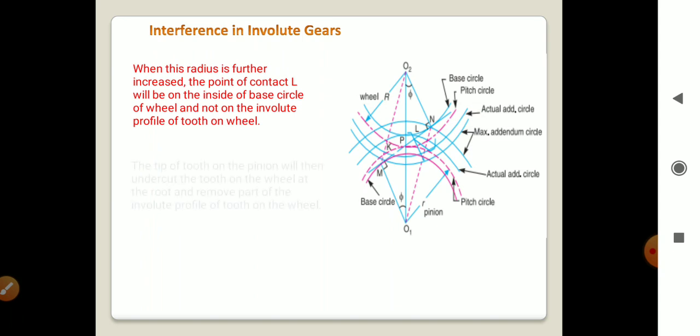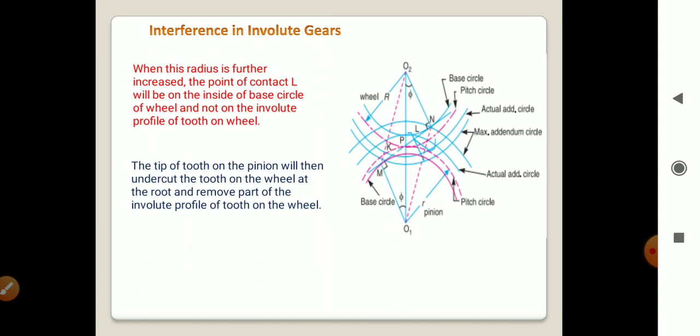That means if L is shifted to N, and further N shifts to the inside, then this point is inside the base circle of the wheel. The tip of the tooth on the pinion will then undercut the tooth on the wheel at the root and remove part of the involute profile of the tooth on the wheel.